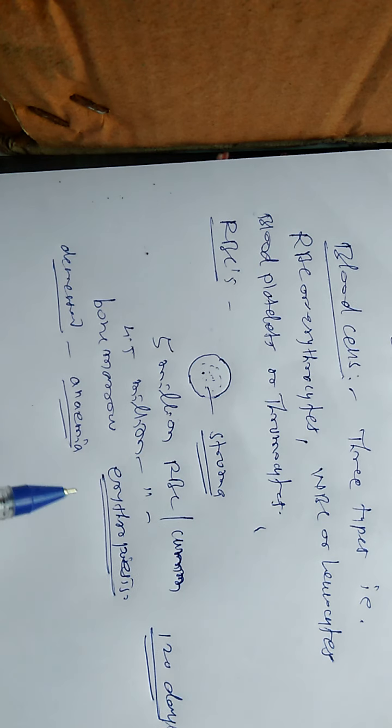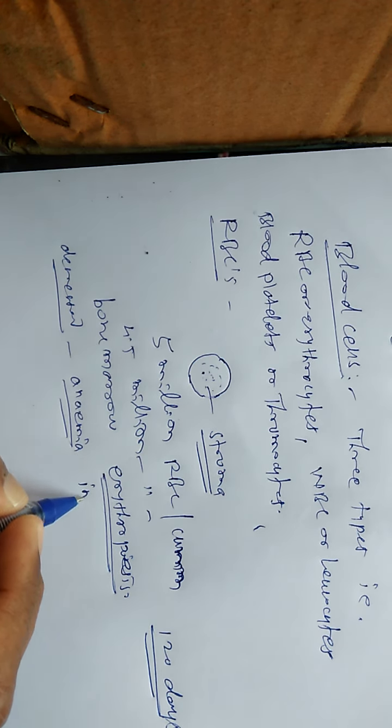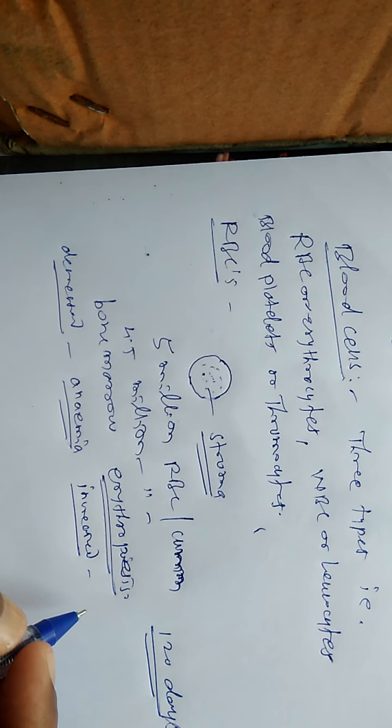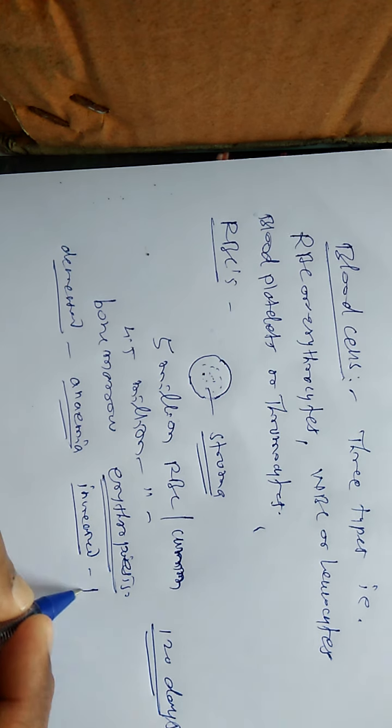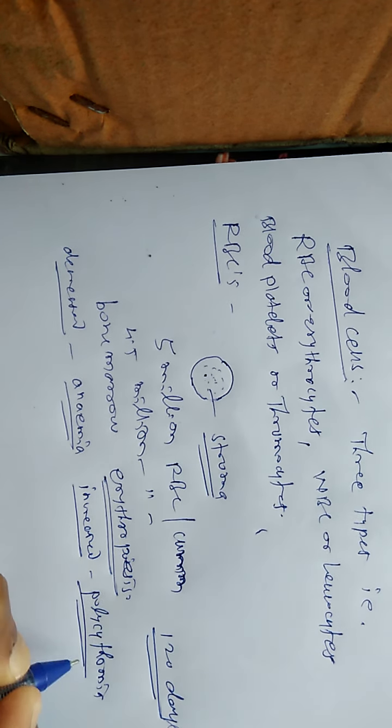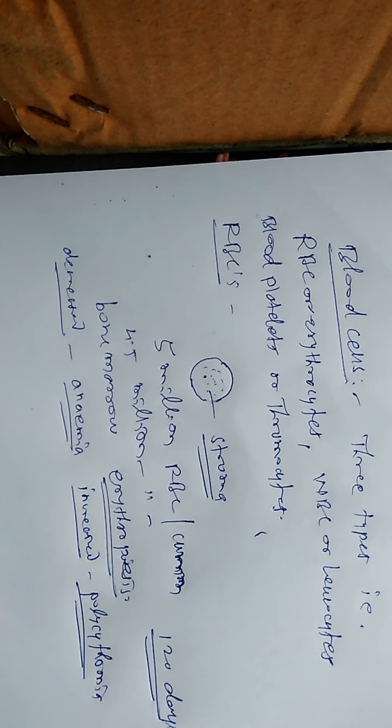And if the number of RBCs is increased, it is called polycythemia. In this condition, the hemoglobin percent is more.